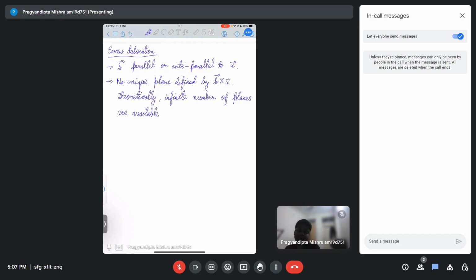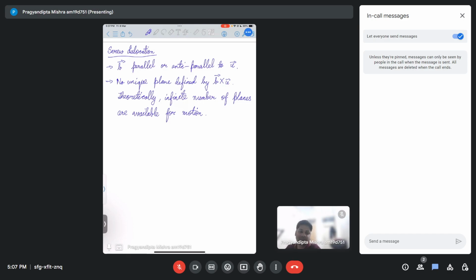Available for what? Theoretically, an infinite number of planes are available for slip, or dislocation line motion. Let's not write slip so that you don't confuse it with the slip vector. Motion. Right? So the screw dislocation can move in any direction now because there is no unique plane that is defined.